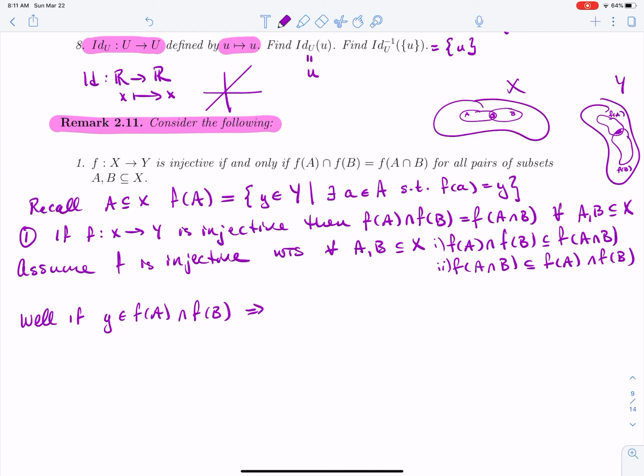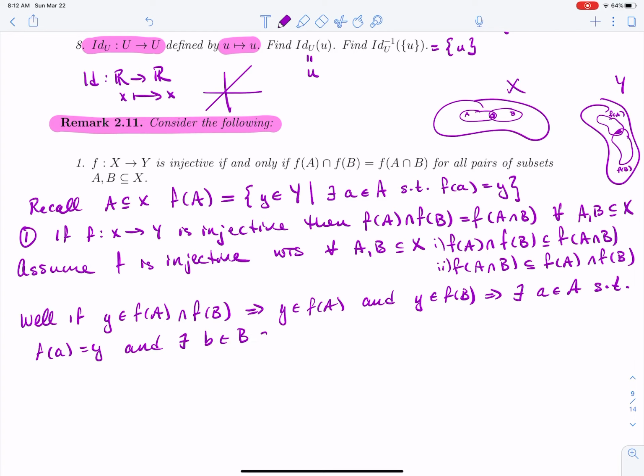Well, it's an and statement: y is in f(A) and y is in f(B). Since it's the image of A, that tells me there exists an a contained in A such that f(a) is equal to y, and there exists a b contained in B such that f(b) is equal to y.